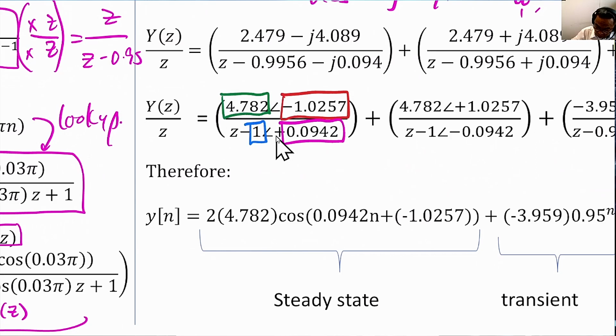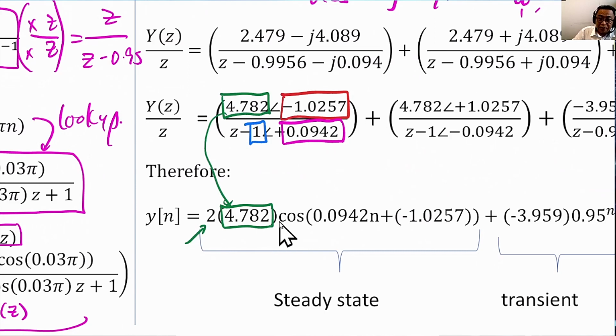So where are they? The magnitude of the numerator is here in front of the cosine. There is a multiply by 2 because two of these poles, this complex conjugate pair, will join up to have 2 times the magnitude, which will be the final magnitude of this cosine.